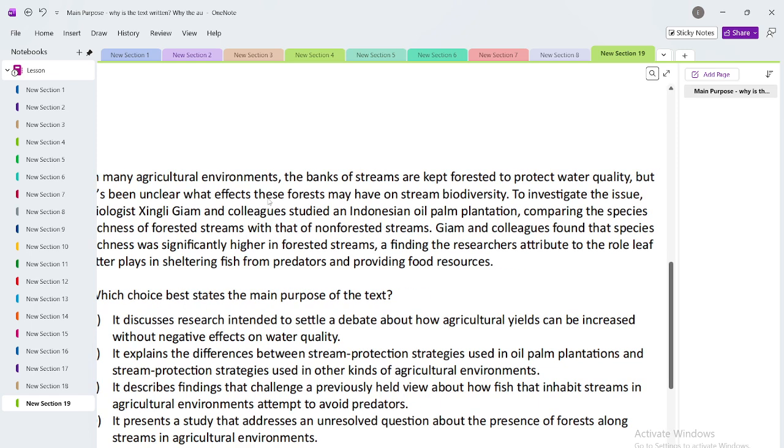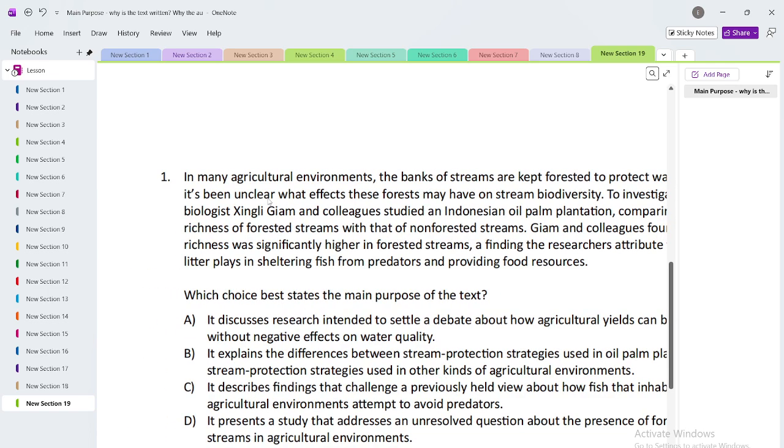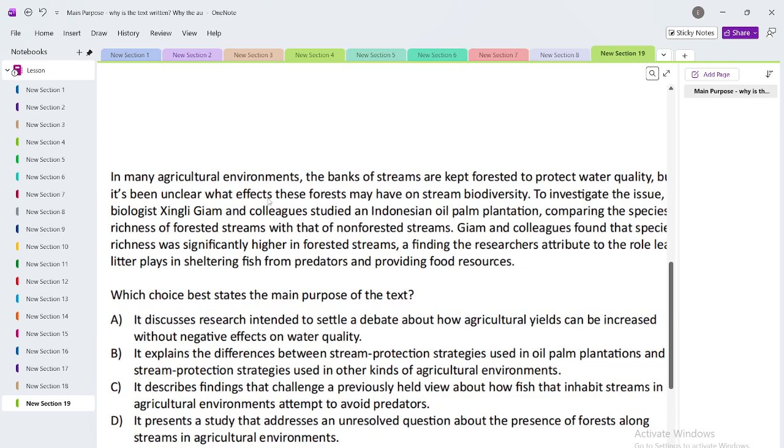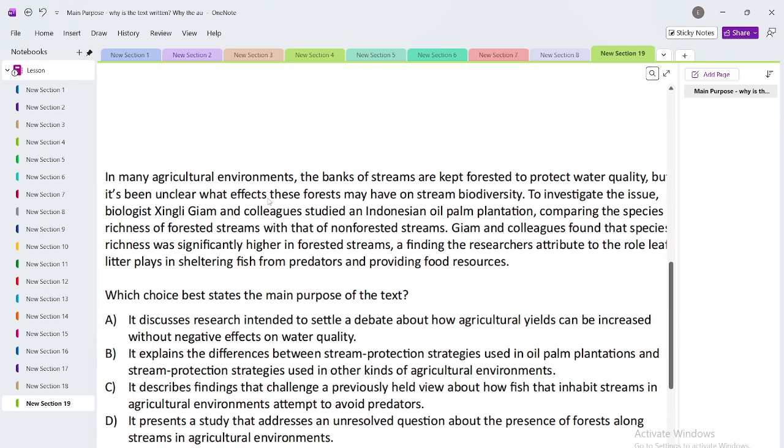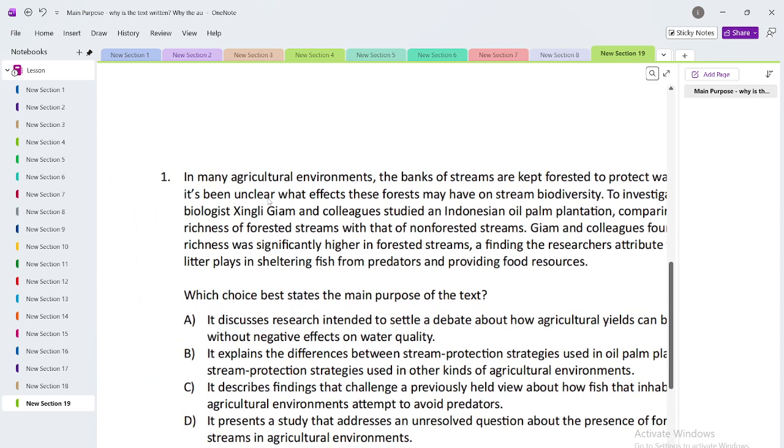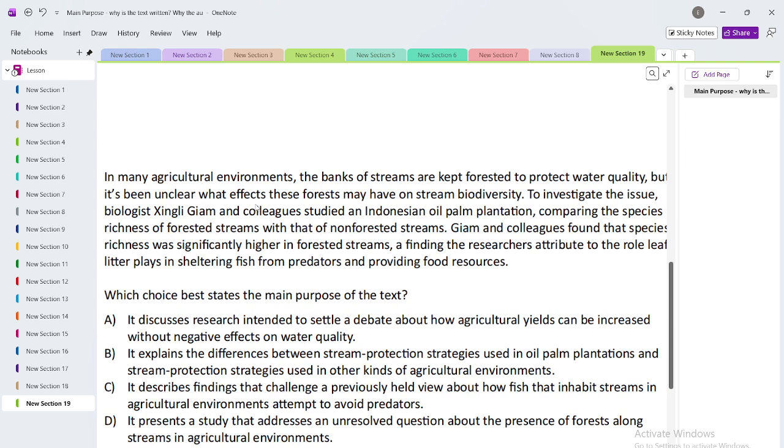All right. To investigate the issue, biologist so-and-so and colleagues studied an Indonesian oil palm plantation, comparing the species richness of forested streams with that of non-forested streams. So they had this unclear assumption, they weren't sure, so they are trying to study whether it's correct or not.